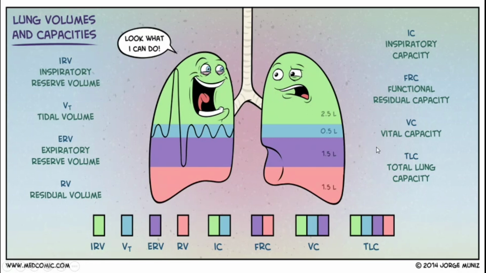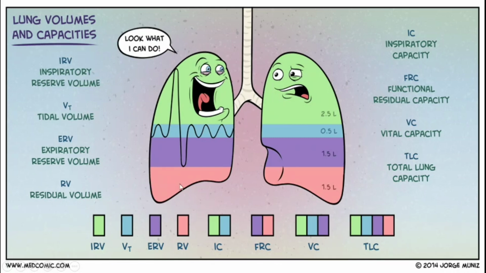So, what is vital capacity? The vital capacity is the sum of these three volumes, except the residual volume. Because these three volumes, inspiratory reserve volume, tidal volume, and expiratory reserve volume, are being utilized by you during the breathing. So these three volumes are vital for you, whereas the residual volume is not.